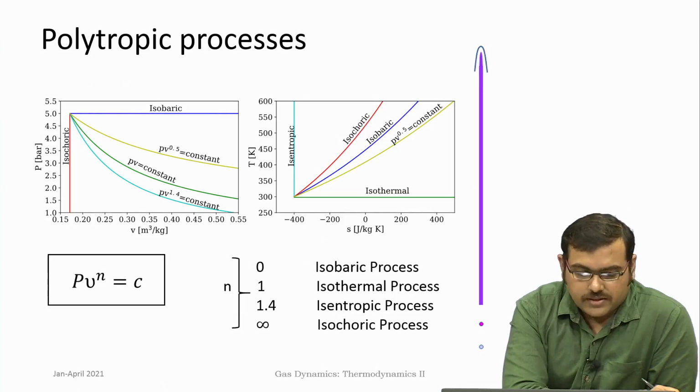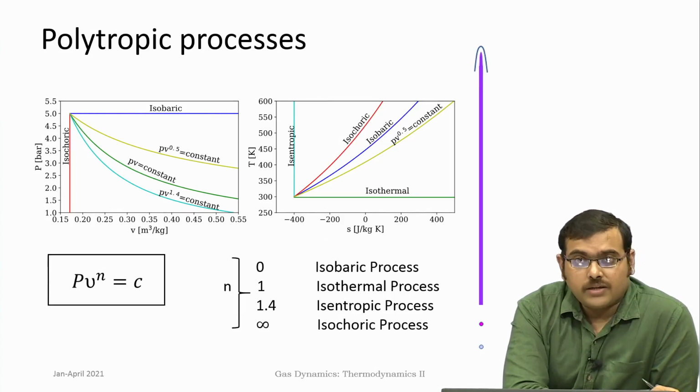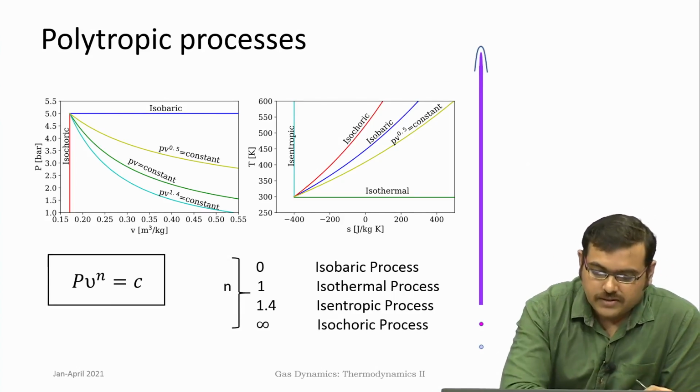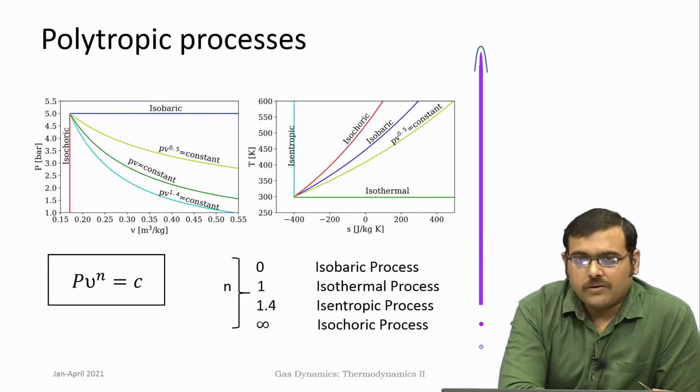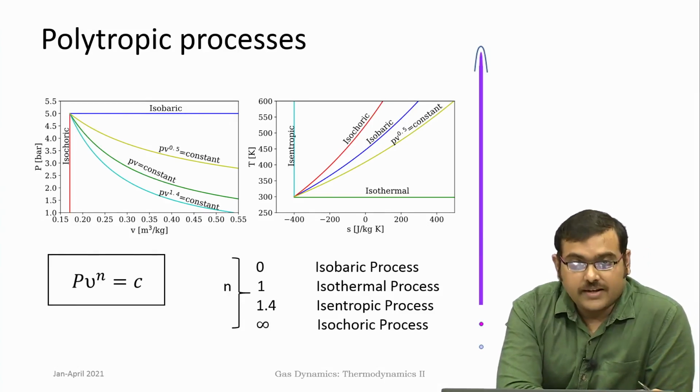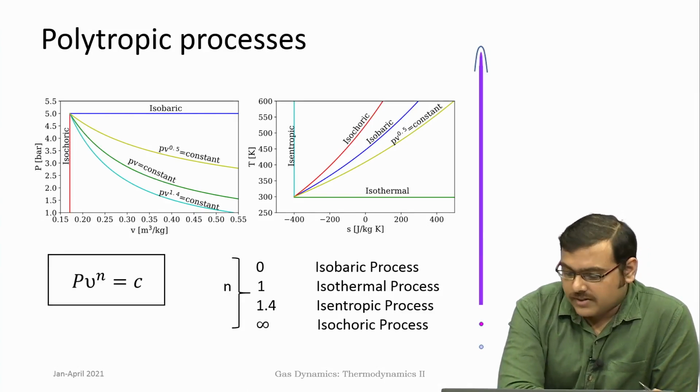So, P is constant. When n is equal to 1, then you get Pv equal to constant, which is an isothermal process. When n is equal to gamma, the ratio of specific heats, then this is an isentropic process. When it goes to infinity, it is an isochoric process.